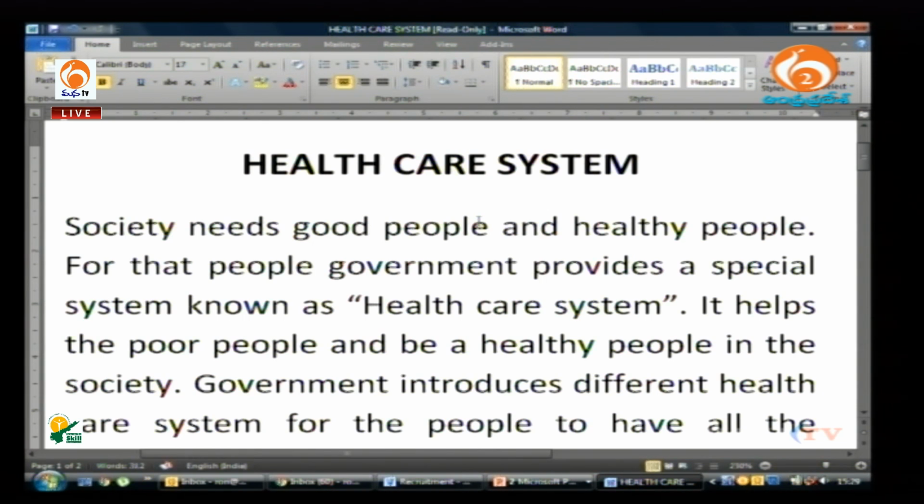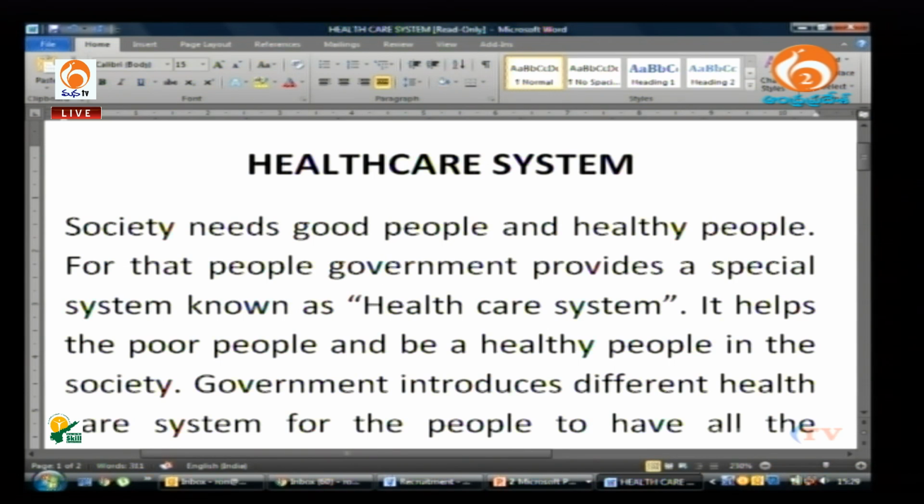I hope this essay is clearly visible to all of you. If you look at the heading itself, healthcare need not be 2 different words. It's 1 word. So he has written an essay on healthcare system. Let's read this first completely, then we'll go back and see what improvements we can make.